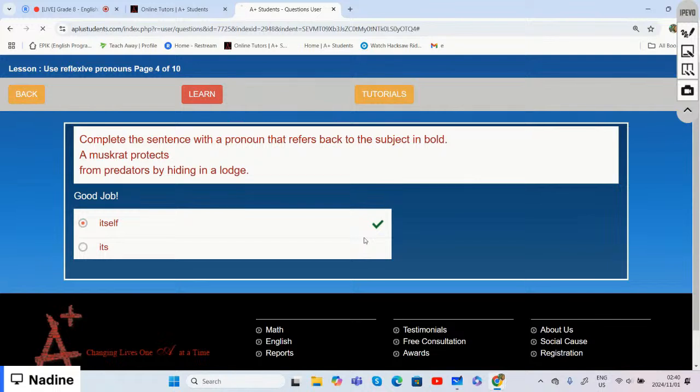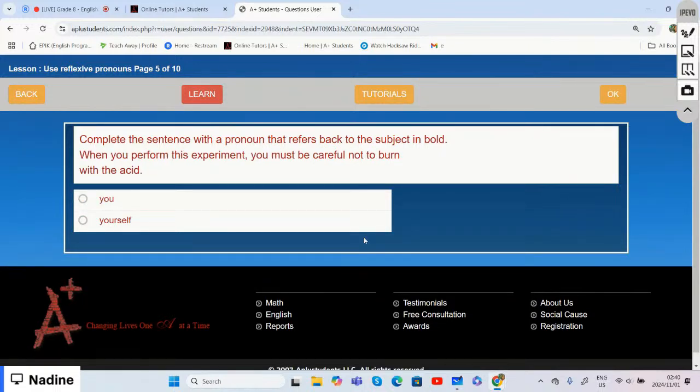Remember, our reflexive pronoun refers back to our subject. Our reflexive pronouns either end in self or end in selves, depending if it is a singular subject or if it is a plural subject.